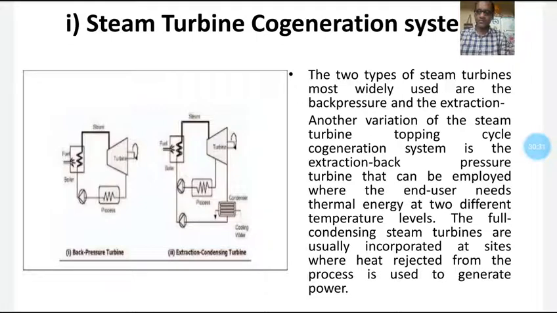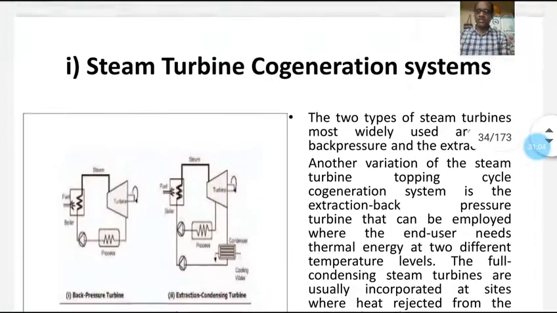primarily needed. So this steam turbine cogeneration system is limited in its wide-area possibilities, as we can see that it is limited to a few small and medium scale industries where process heat is the main requirement and electricity is secondary.